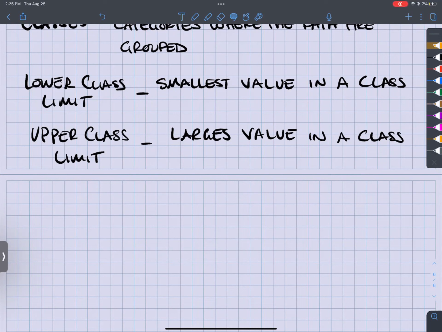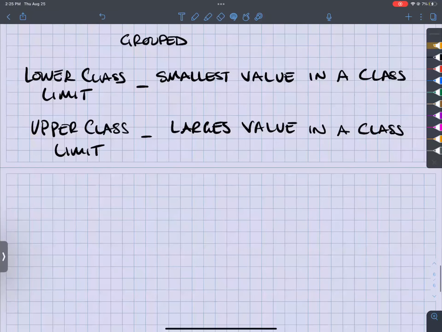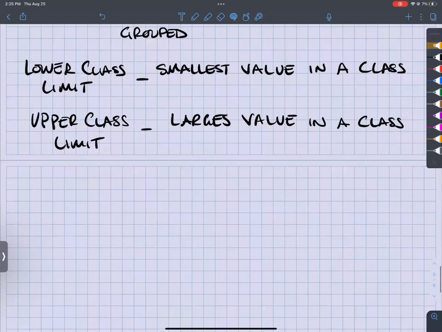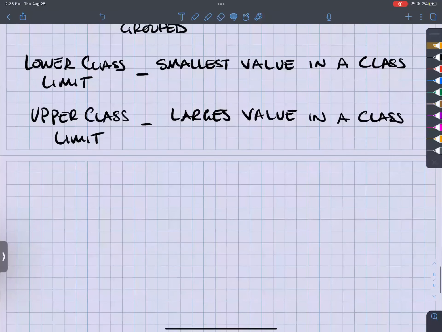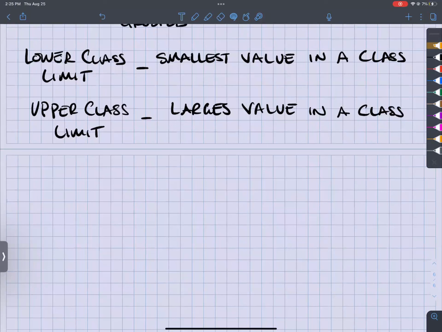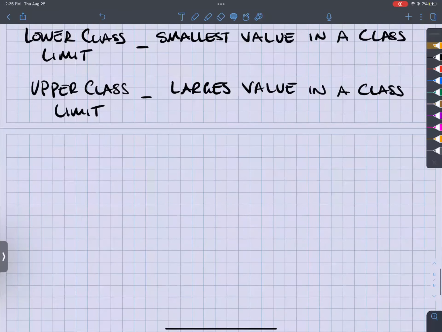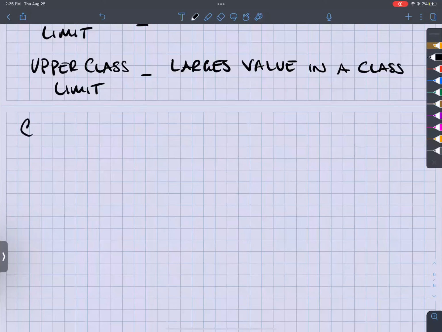Now, this is weird to me, but it is what it is. I don't like this definition, but obviously I still gotta give it to you. It's called a class width.